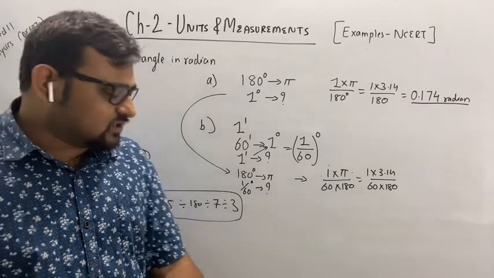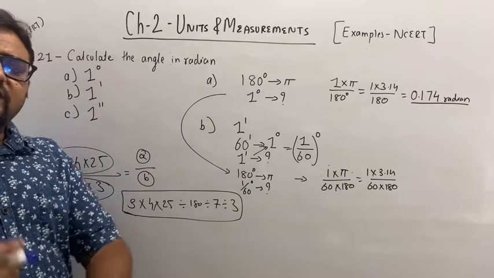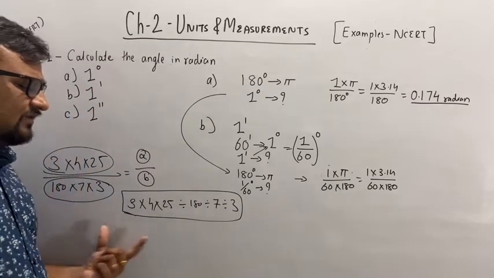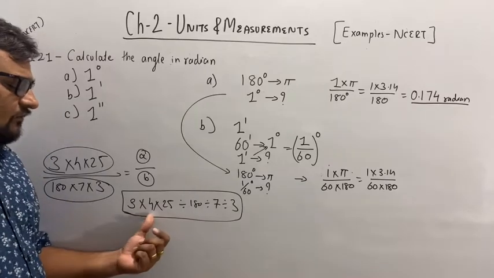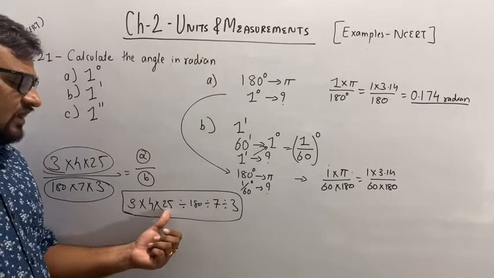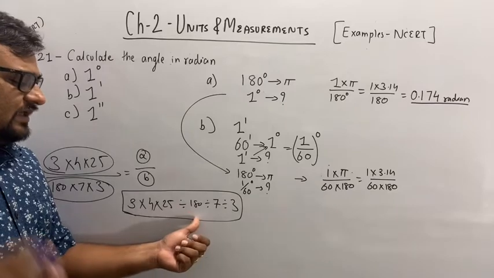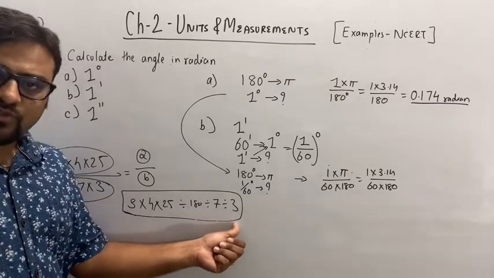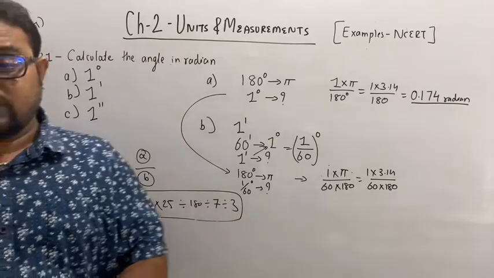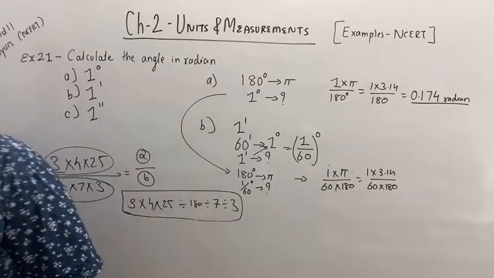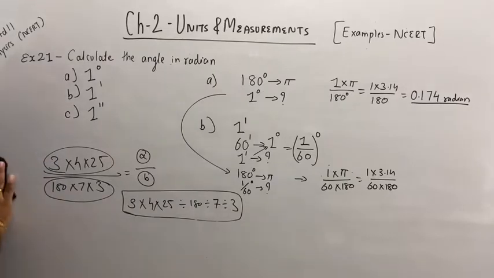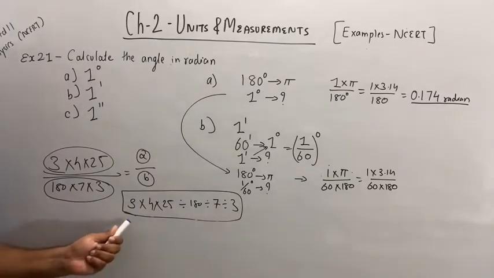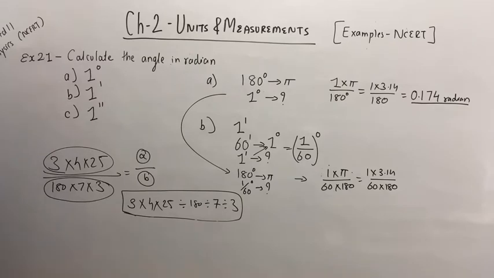If you're using a mobile phone, you should avoid doing everything in a single step: 3 multiplied by 4 equals, multiplied by 25 equals, divided by 180 equals, divided by 7 equals, divided by 3 equals. To avoid confusion, use this method. If you want to note down this type of calculation for the future, please note it down.